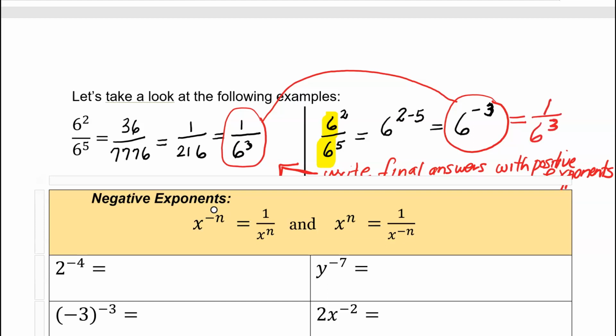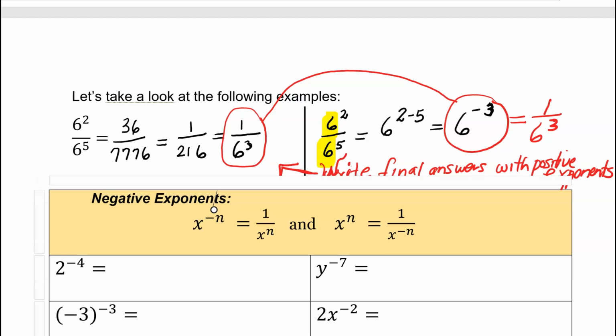So basically, to change the sign of your exponent, you will move the position of your base to the denominator in this case because it's originally in the numerator. So if you switch from numerator to denominator, you must change the sign of your exponent. And again, the rule is always write your final answers with positive exponents.